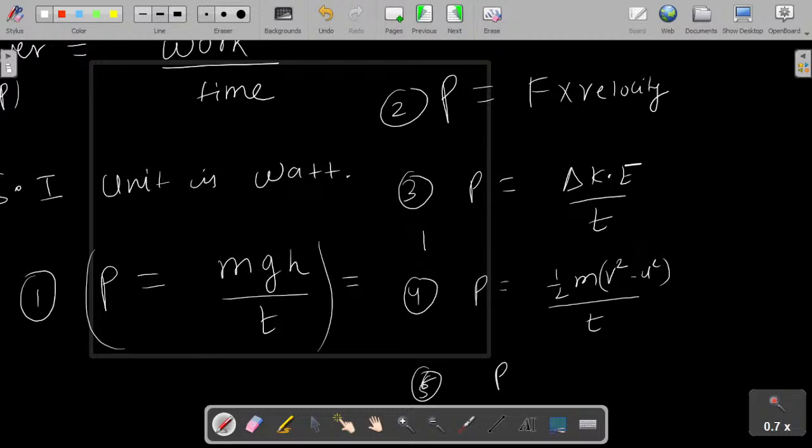Fifth formula: power is equal to energy by time. So power is energy by time also. These are the formulas for power.